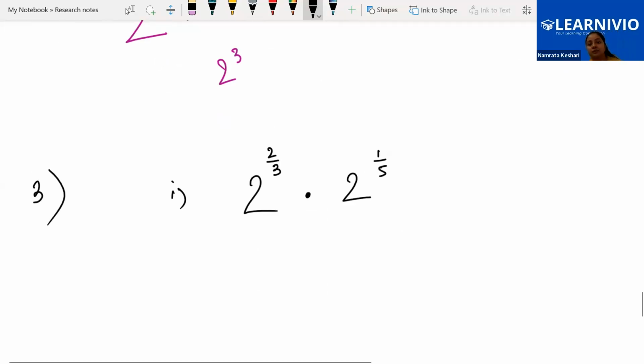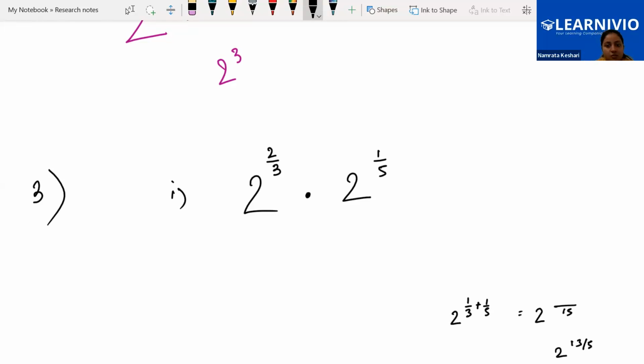Please do try. Ma'am, it would be 2 raised to the power 2 upon 3 plus 1 upon 5. And the LCM would be 15. So it would be 10 plus 3, so it would be 13 upon 15. 2 raised to the power 13 upon 15. 13 upon 15 you are saying. 10 we are making. Ma'am, it's 2 upon 3, right?